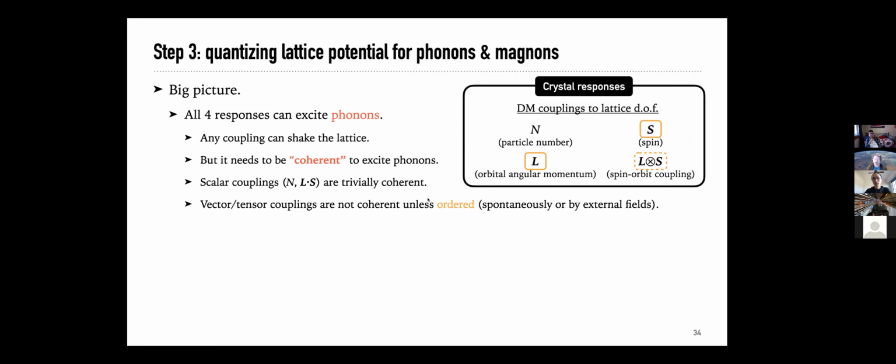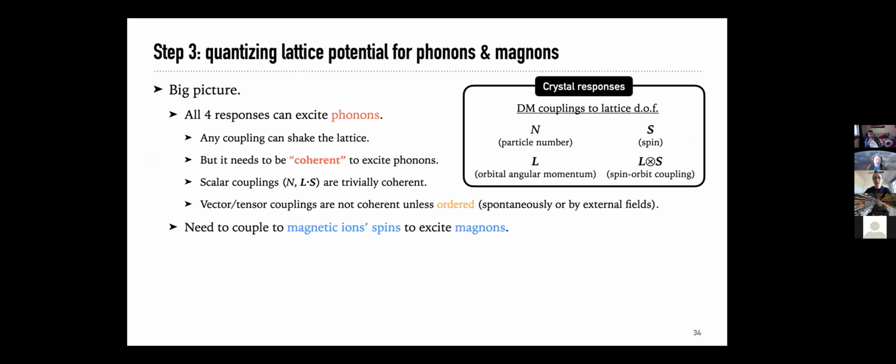So to require it to be coherent, we have to have an ordered spin or angular momentum. This can be done either spontaneously, say if we have some ordering, say ferromagnetic order, or by applying an external field to align the spins.